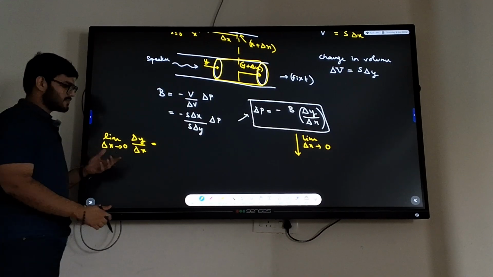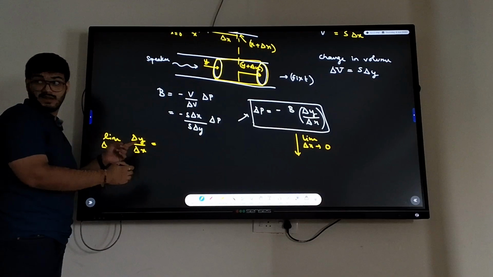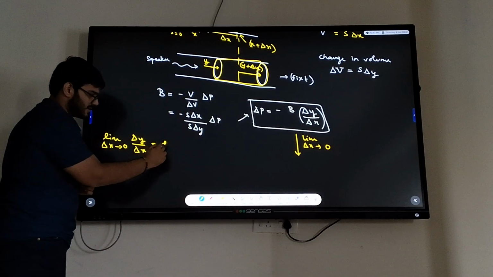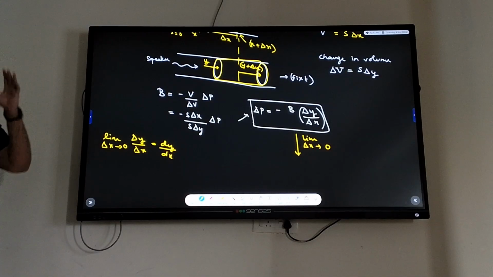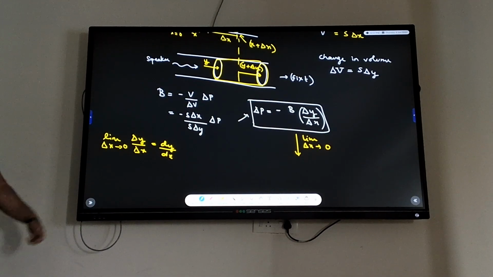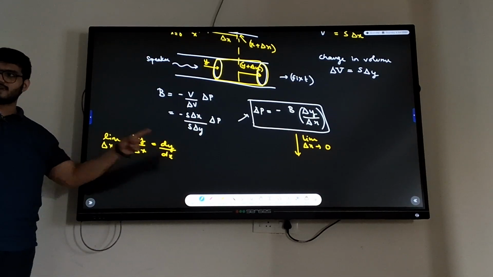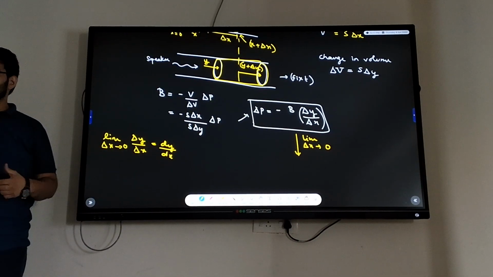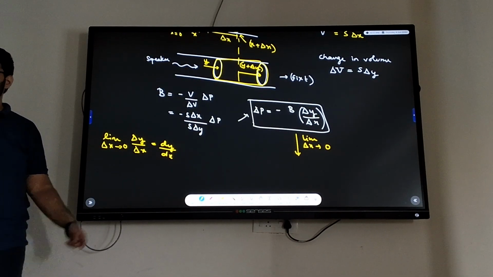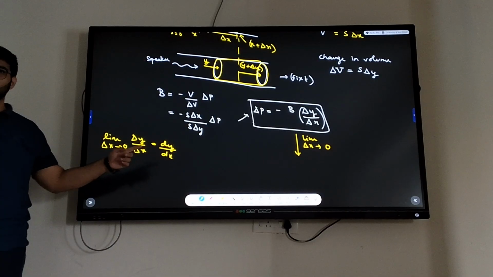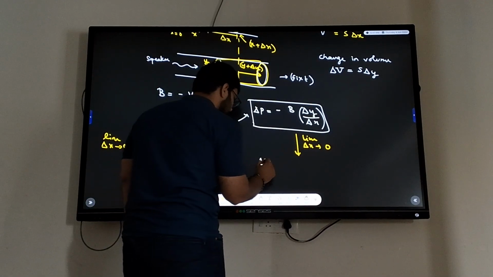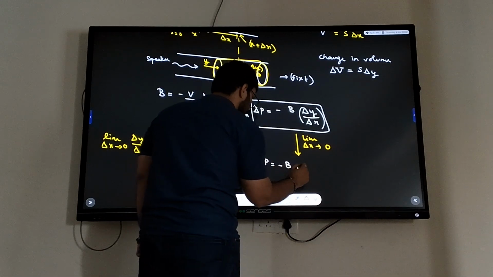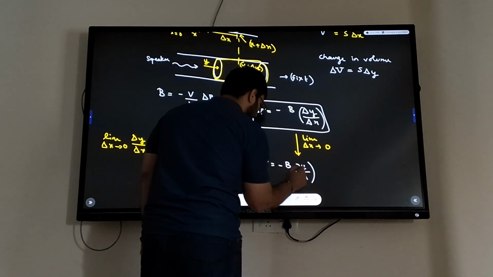Not partial in general, but dy by dx. This is the definition. When I started differentiation, I told you this. But this is only true when y is a function of one variable. What if y is a function of 2-3 variables? Then I should write partial. It's much better to write partial, because delta p will be equal to minus B del y by del x.